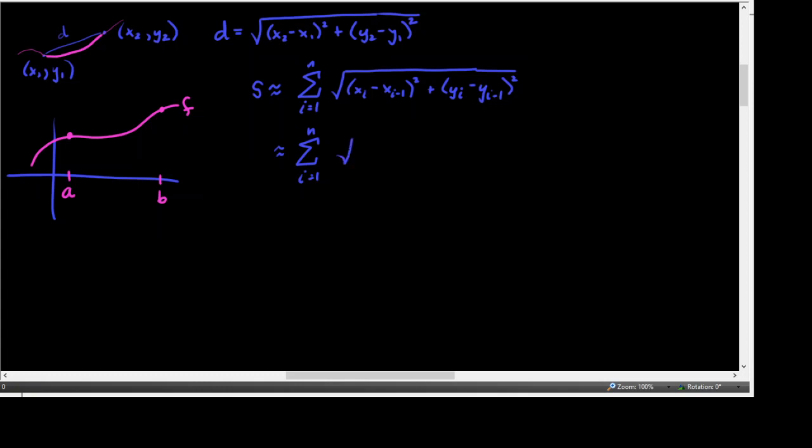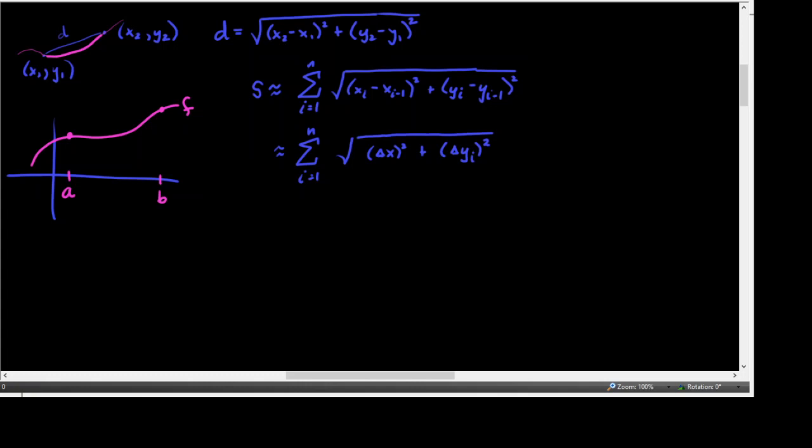We're going to say that x sub i minus x sub i minus 1 is just delta x, and that's being squared. And we'll call the change in y, that's changing, for that ith subinterval, delta y sub i. So that's the change in y for the ith subdivision.